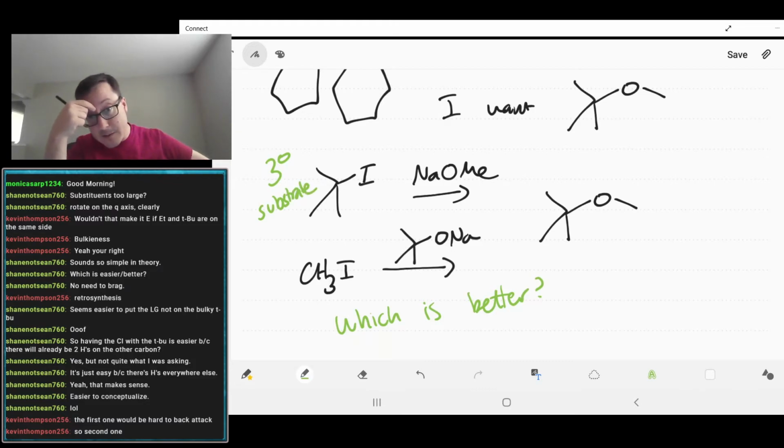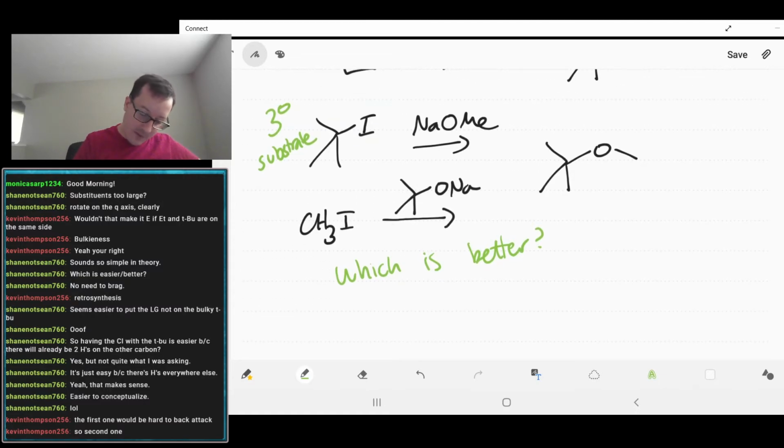If we want to substitute here, and we want to do SN2, not going to work. Could work with SN1, but we'd have to be real careful about our conditions because we don't want to eliminate.